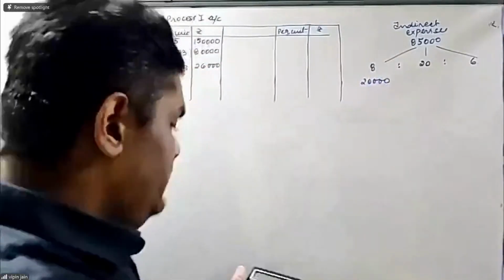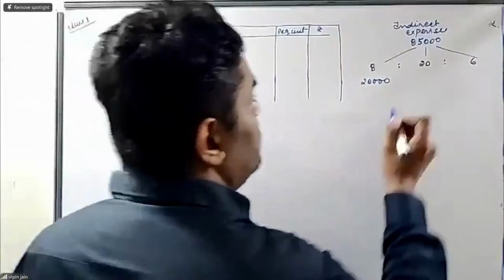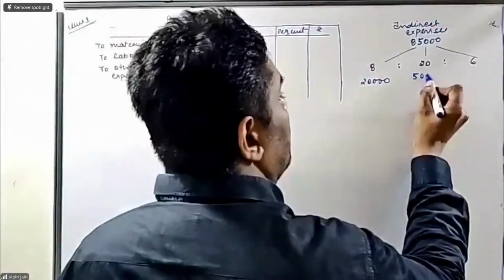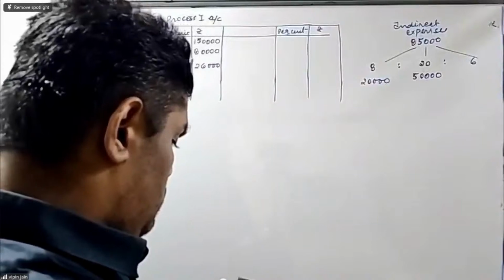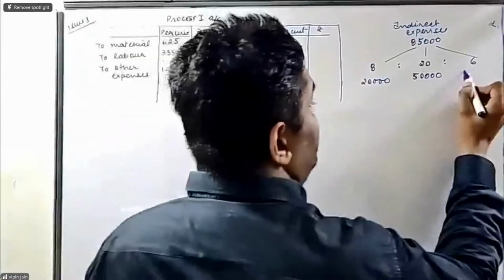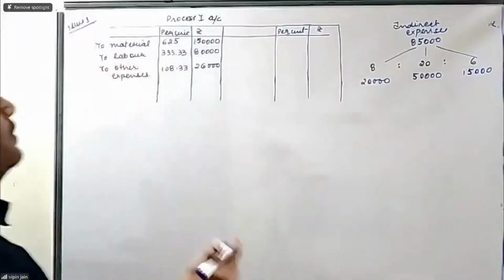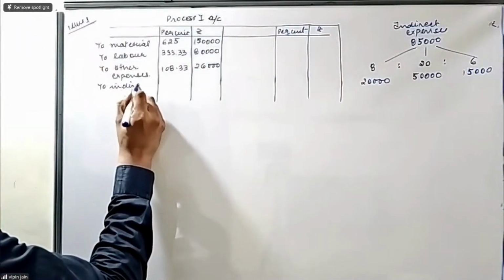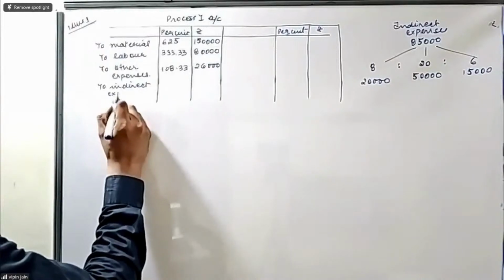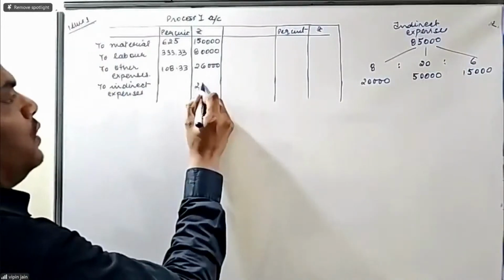So this will be 20,000. This will be 50,000. This will be 15,000. So the indirect expenses, 20,000.